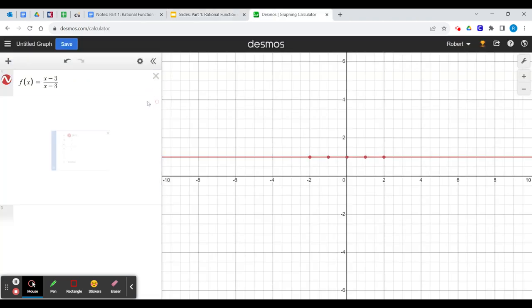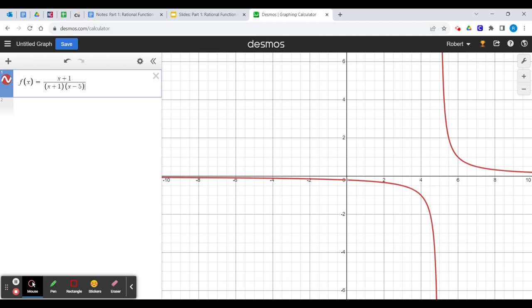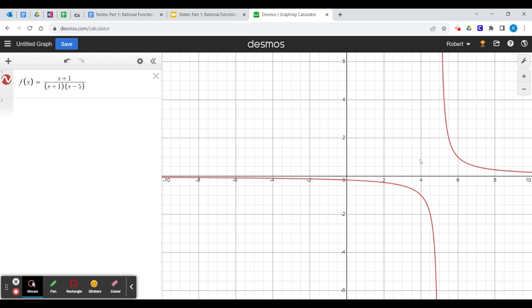Let's throw this in and check it out. We have x plus 1 on top, and on the bottom we have x plus 1 times x minus 5. We can see that at x minus 5 we do have that vertical asymptote. At x plus 1, which would be x equals negative 1, we're expecting a hole right here.